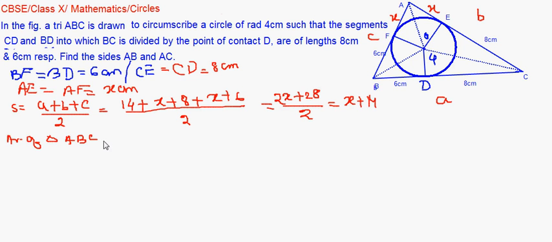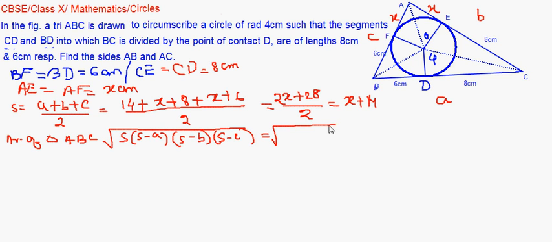Now we apply Heron's formula to find the area of triangle ABC. Let us write down the formula here. It says S minus a, S minus b and S minus c. Applying that, we got S to be X plus 14. Better to use text so that it fits.